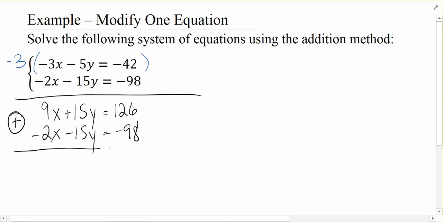And now we can add these two equations together for the addition method because of the fact that we have one of the variables being opposites of one another. And so now 9x minus 2x is 7x. 15y minus 15y is 0. And 126 minus 98 is 28. And once we get to this point, it's pretty easy to just divide by 7 and get x equals 4.